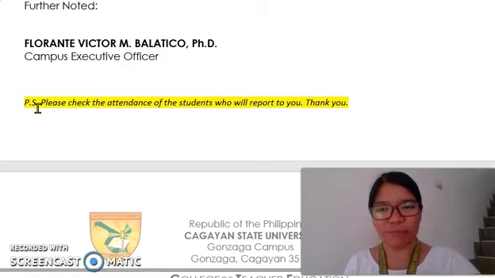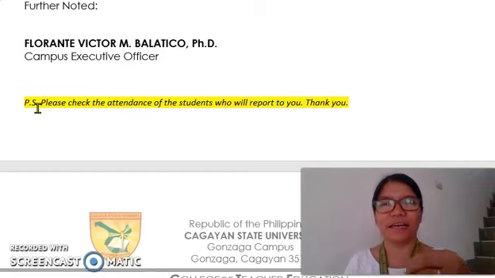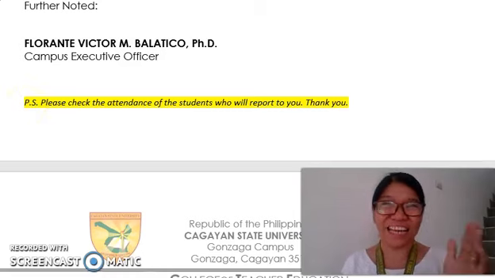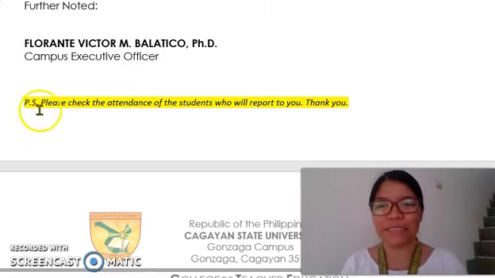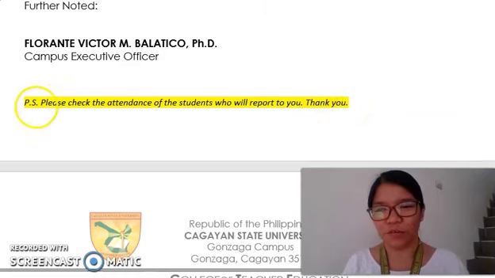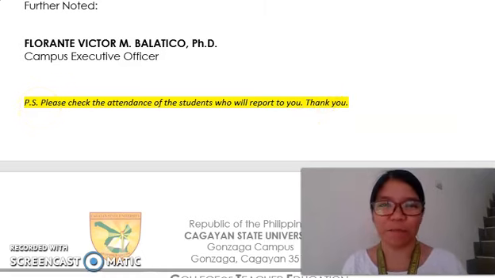You just want it to be read at the bottom, not immediately. It will only be read by people who really read the letter carefully. You use PS. That's the side reason; the main reason is different, but this is a side reason. For example, PS, please check the attendance of the students who will report to you. Thank you. It is additional information. So, PS, in English, postscript. In Tagalog, pahabol na salita. In Ilocano, pakamakam nga salita.